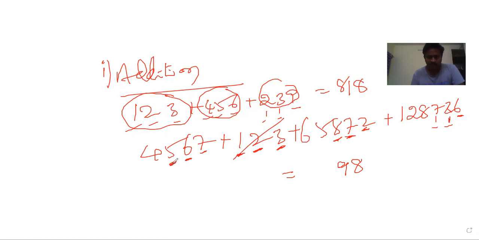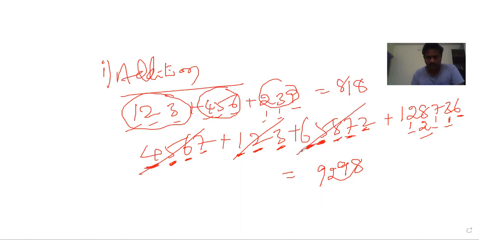17 plus 5, 22. 8 plus 2, 10. 10 plus 5, 15. 15 plus 4, 19. So this one completed, cross this. 2 plus 1, 3. 3 plus 6, 9.